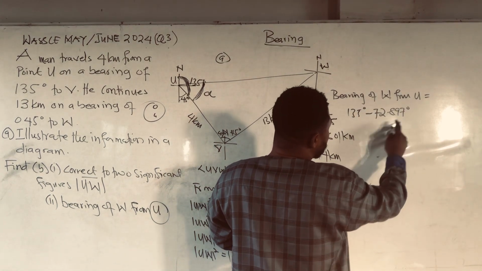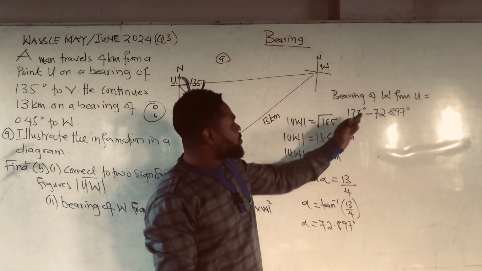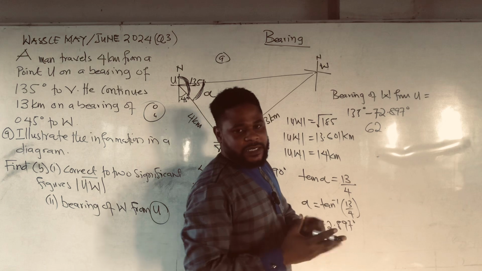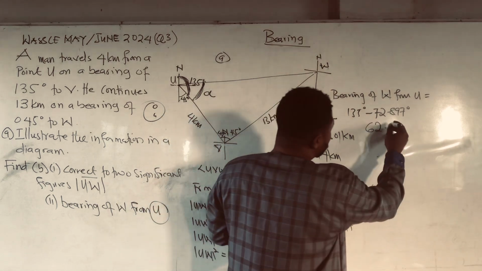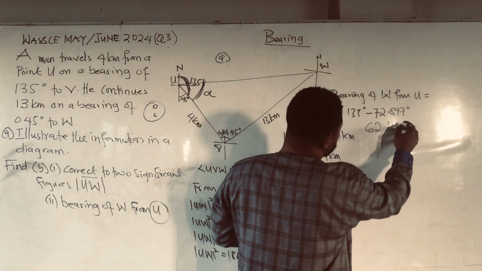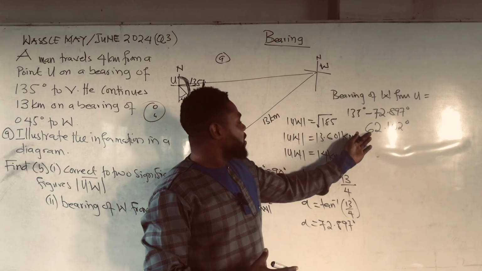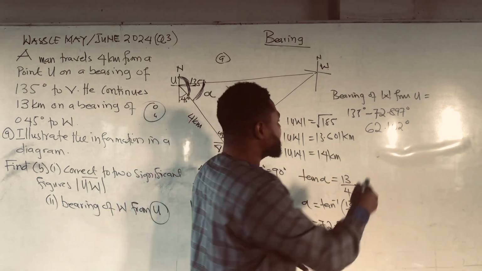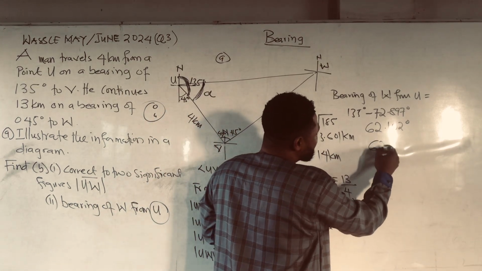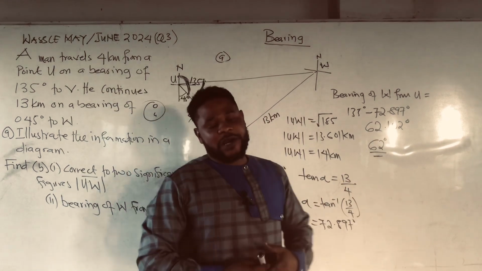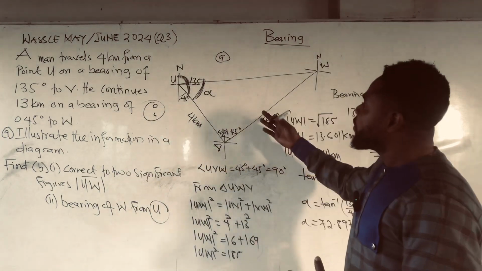That will give us, let's say to 3 decimal places, 62.102 degrees. Now, if we want to leave this also in 2 significant figures, then our bearing is going to be 62 degrees. This is how we can solve this question on the board.